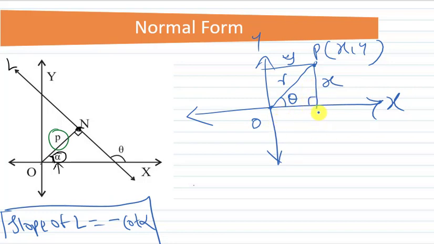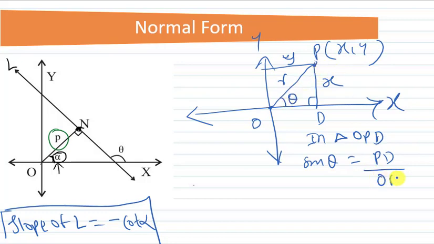Now this will be a right-angled triangle. Let's suppose this point is D. In triangle OPD, just apply trigonometry. If I apply sin theta, I will get the opposite side, which is PD, upon the hypotenuse, which is OP.